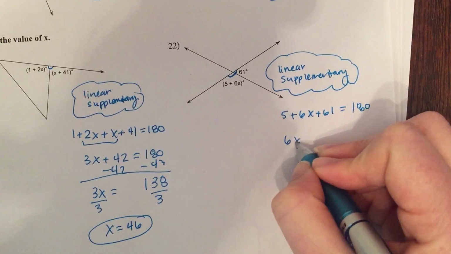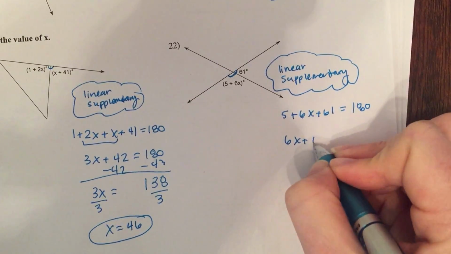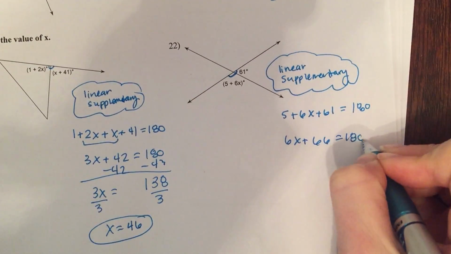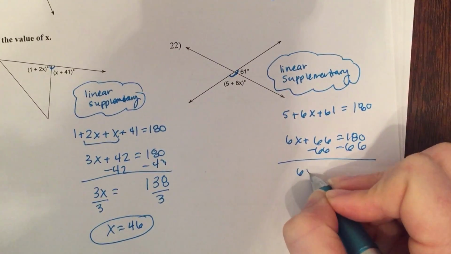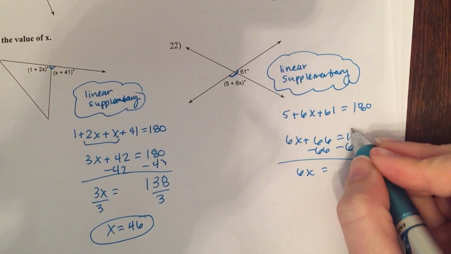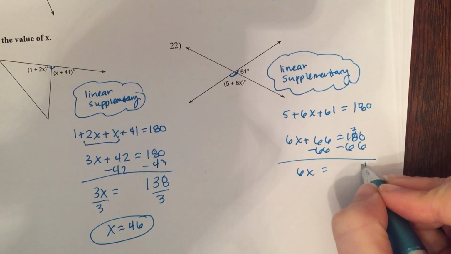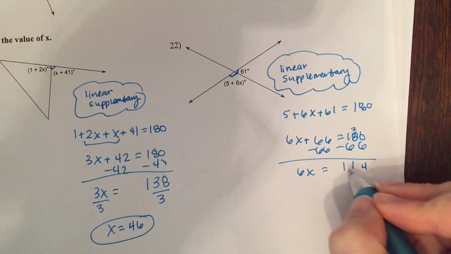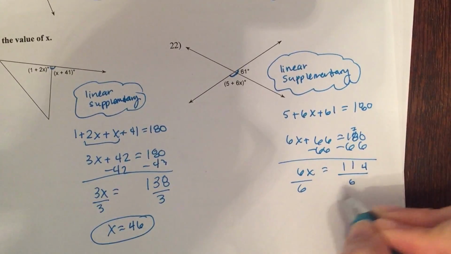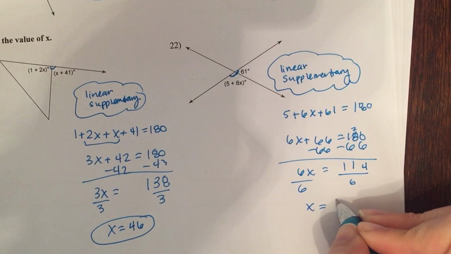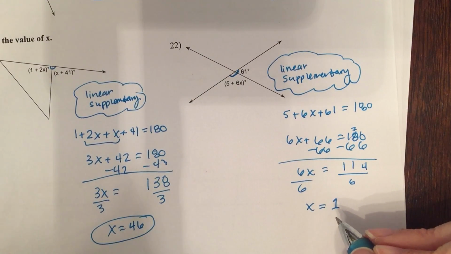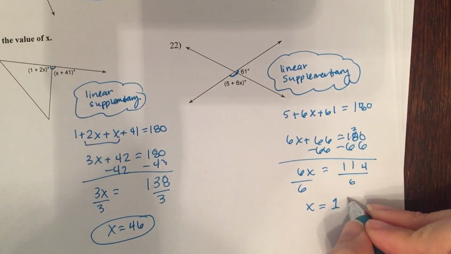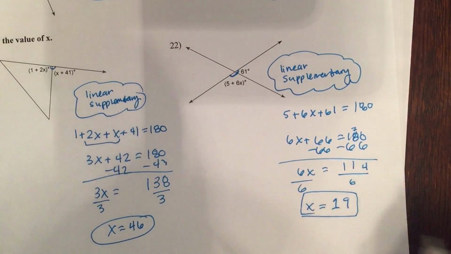That gives me 6x plus 66 equals 180, minus the 66. X is 19.